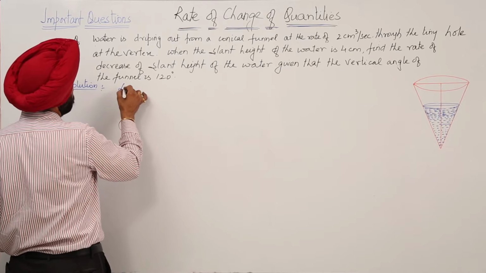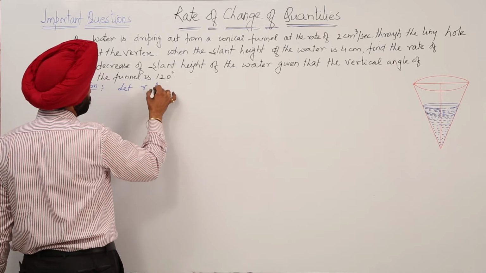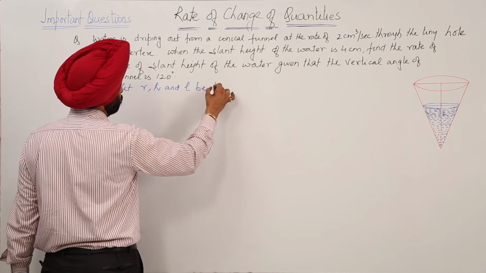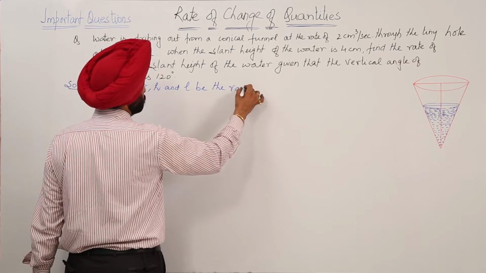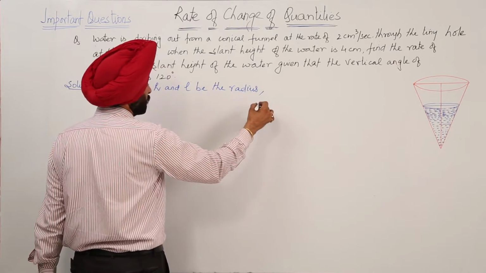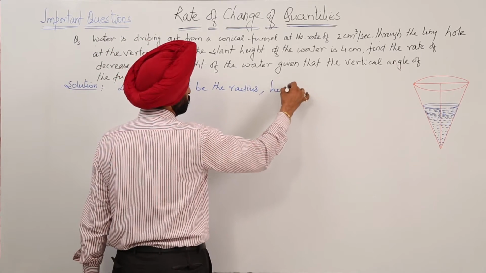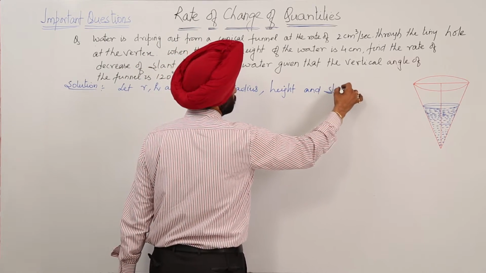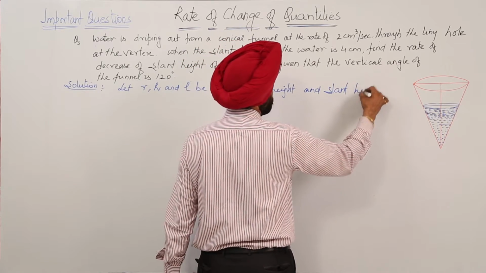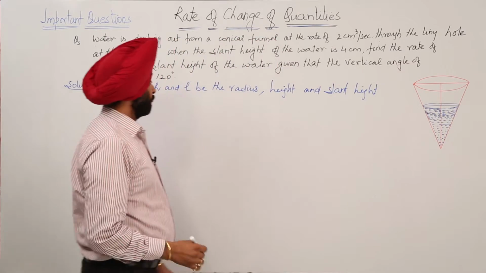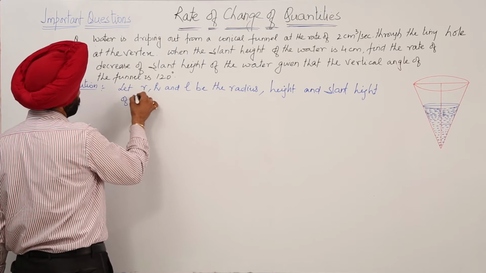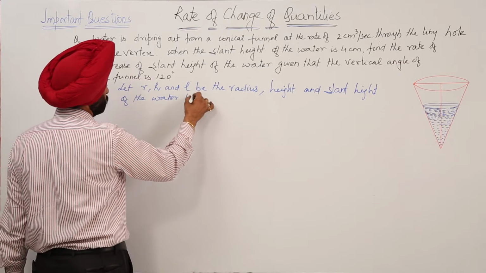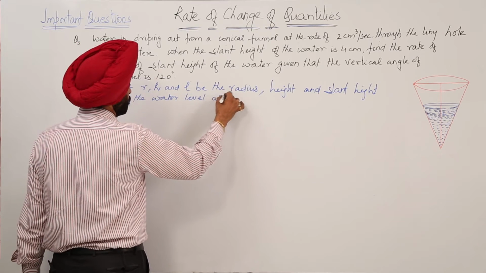Now let small r, small h and small l be the radius, height and slant height of the water level at time t.